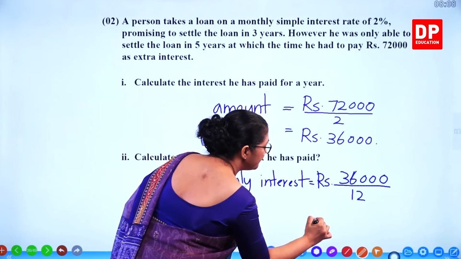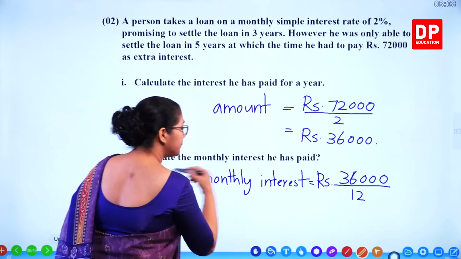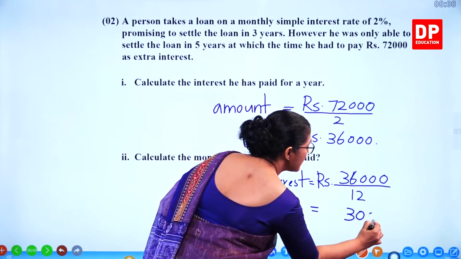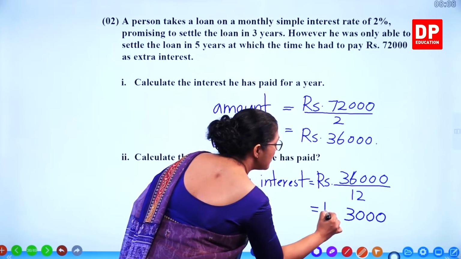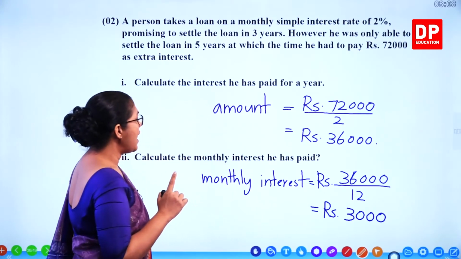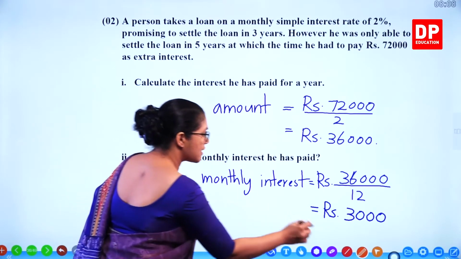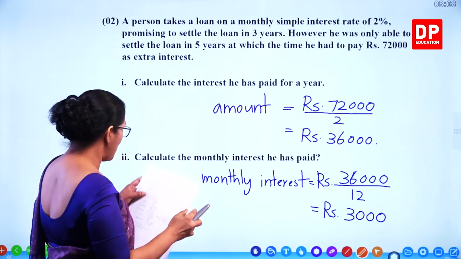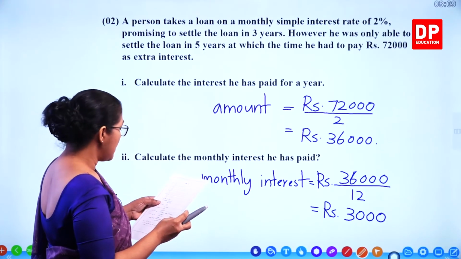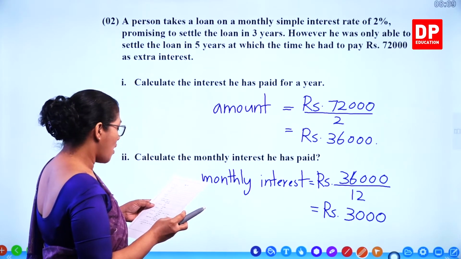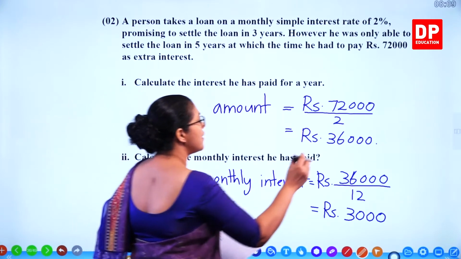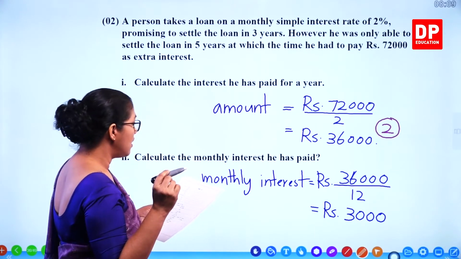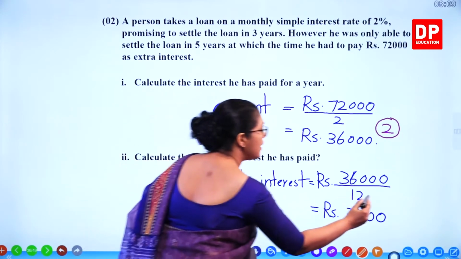So what's the value? 12 times 3, 36, so 3,000 rupees he needs to pay monthly as the interest. Now we'll try to give marks for these 2 steps. So we'll look at the marking scheme. It says first part you are getting 2 marks for 36,000 rupees. And then you get 2 marks for 3,000 rupees.